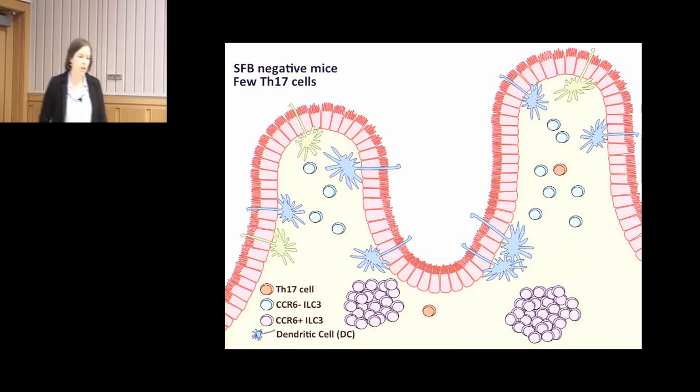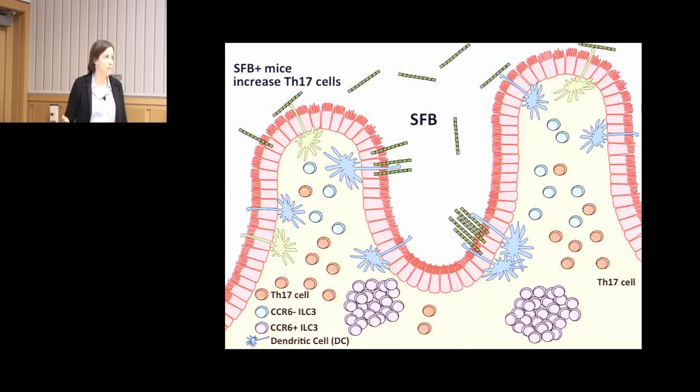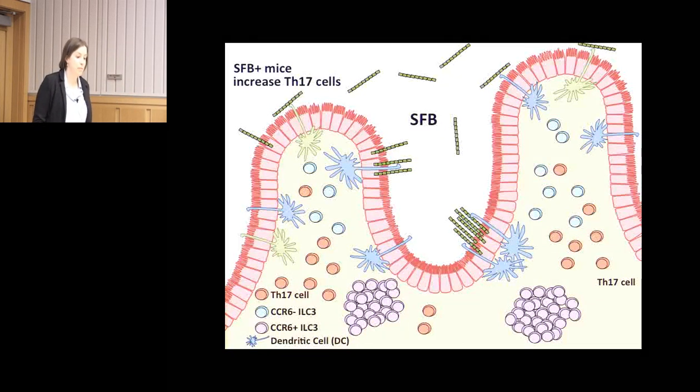And when you have SFB as a member of the gut microbiome, it leads to an expansion of these Th17 cells. And these Th17 cells are associated with pro-inflammatory responses, and they are important for fighting pathogens, in particular microbes and fungi, but they're also implicated in autoimmune diseases, so they contribute to different autoimmune diseases.